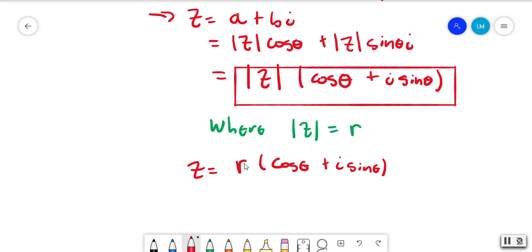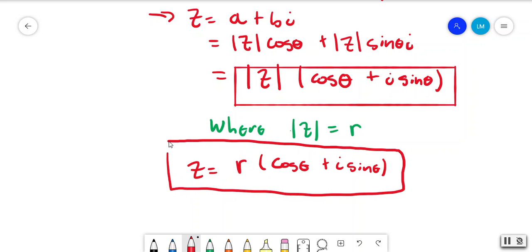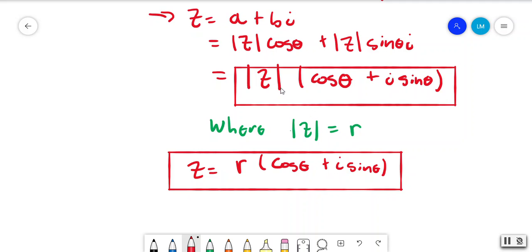I'm putting it here so it's more consistent with the textbook. But I like to use this because it tells me that I need to find the sum of the squares and then take the square root of it.